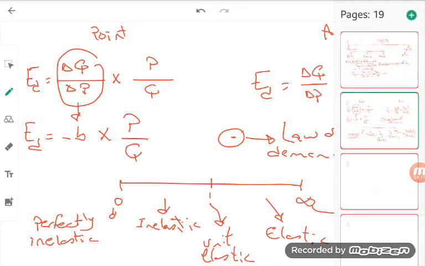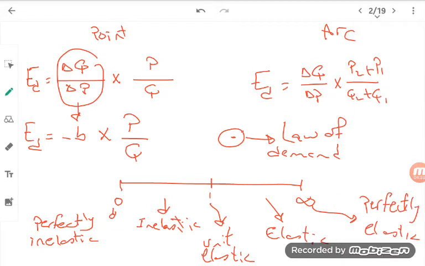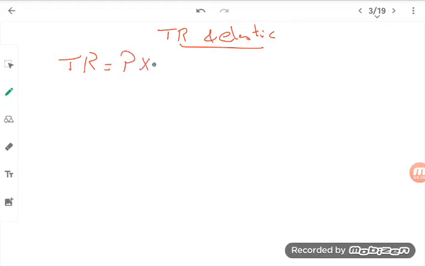And then we study the relationship between total revenue and elasticity. As we said, total revenue is calculated as price multiplied by quantity. So according to the law of demand, if price increases, quantity will decrease and vice versa.